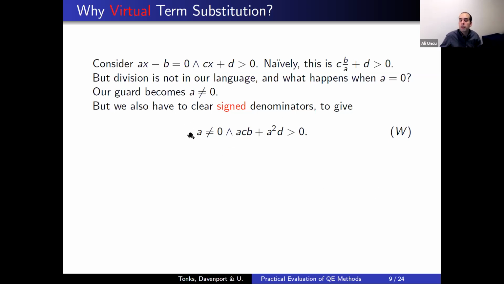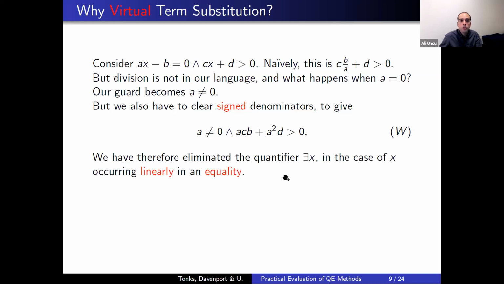So here's one way of eliminating x from the original statement, going into an x-free statement, which people call W. But here, as you can see, the degree in a was appearing linearly, and now it is quadratic. But this is not the only way that you can get rid of x. So as we said, this eliminated the quantifier there exists x.